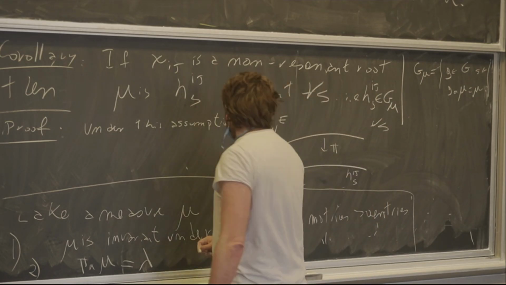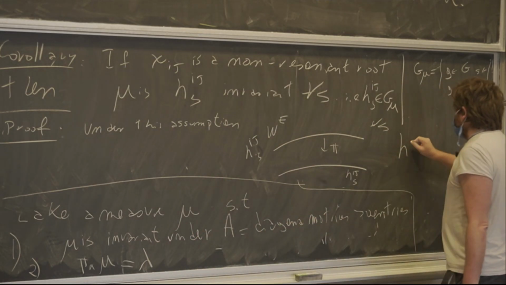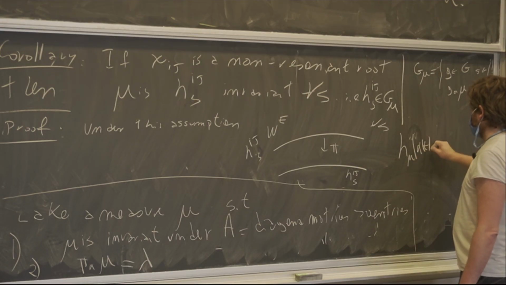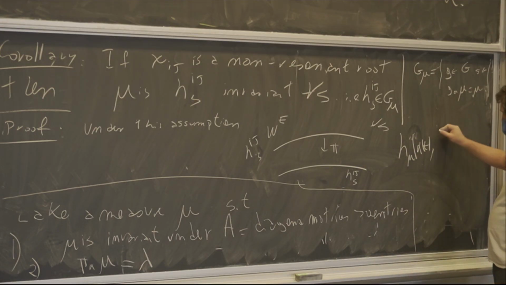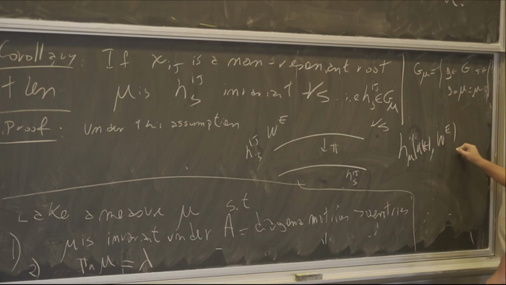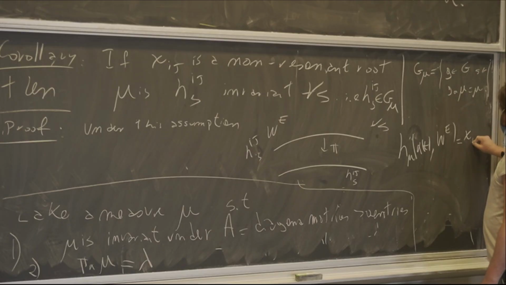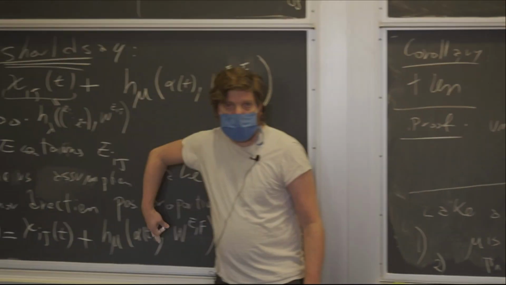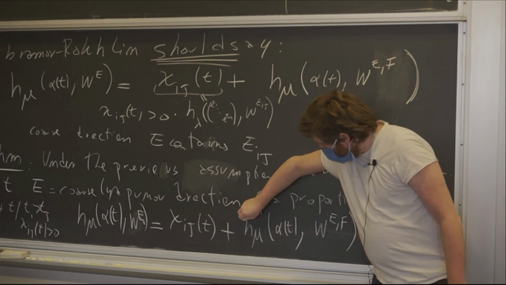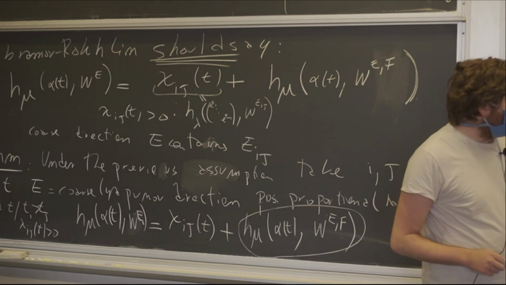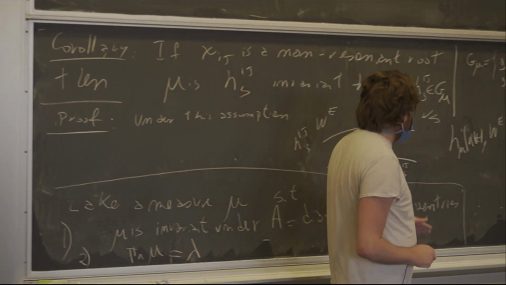And the formula tells me that H mu alpha t of this WE, which is nothing but the Hij orbit, is chi ij of t, because this being trivial means this quantity is 0. So there is no quantity here. So this gives you a 0, so you get equality here.